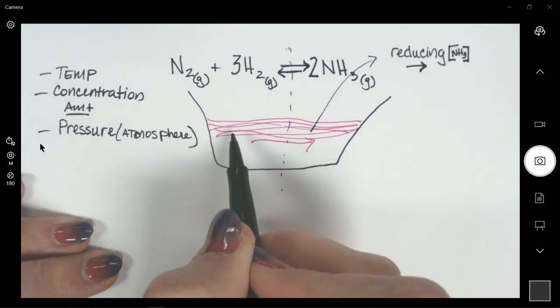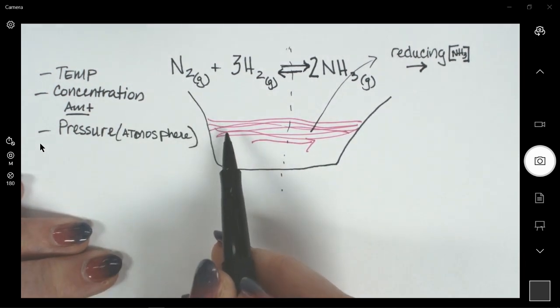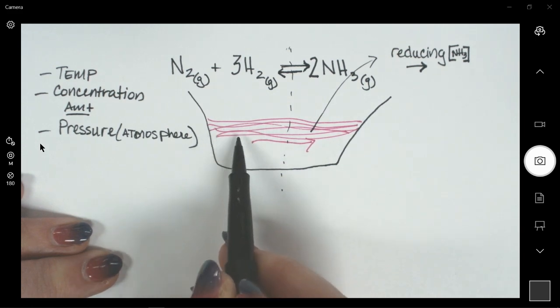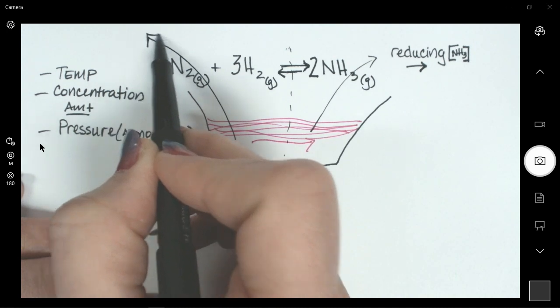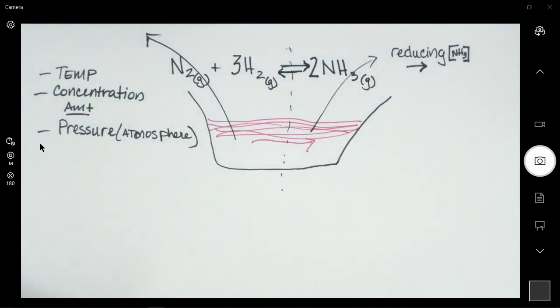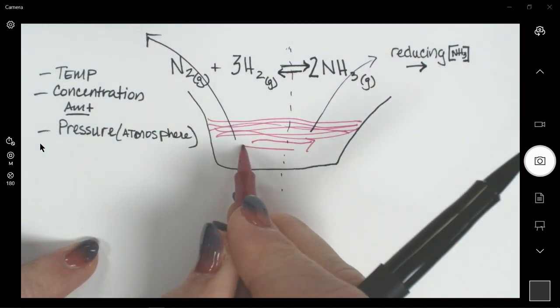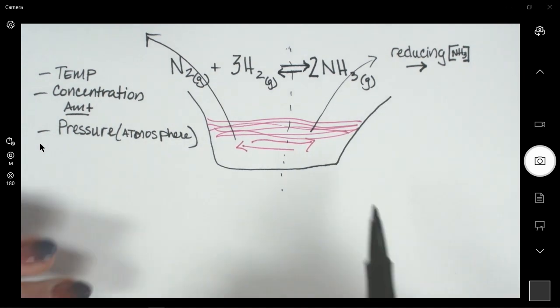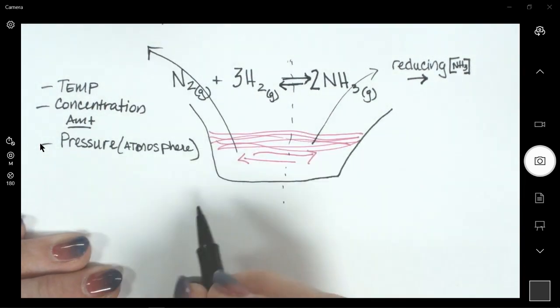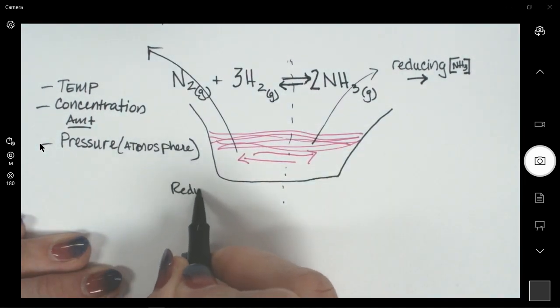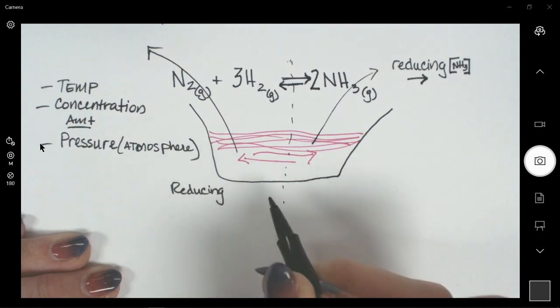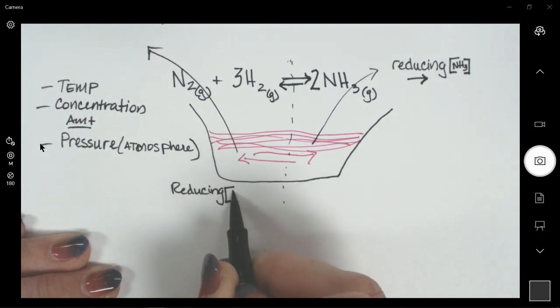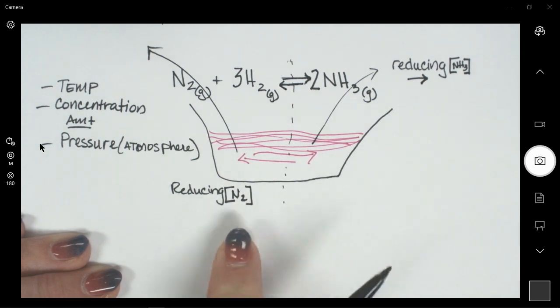So what if you dipped your French fry in on this side and you pull some out? Which way will the ketchup flow? It would flow back in here. So reducing, let's say, what does this mean?